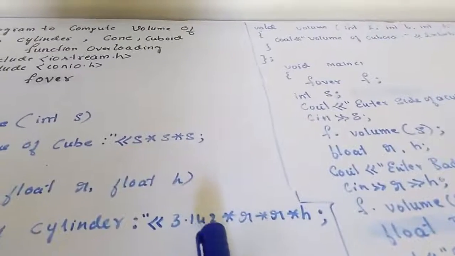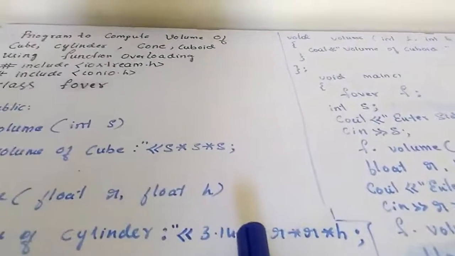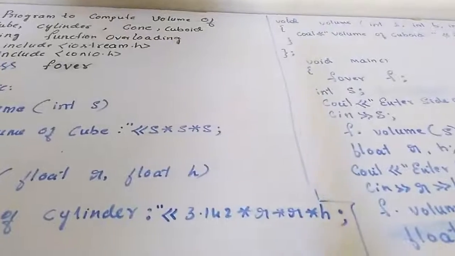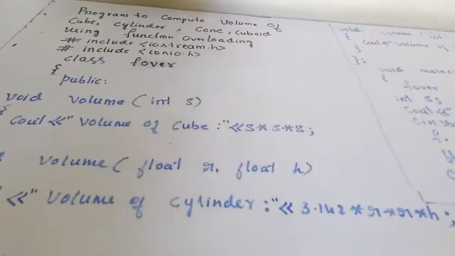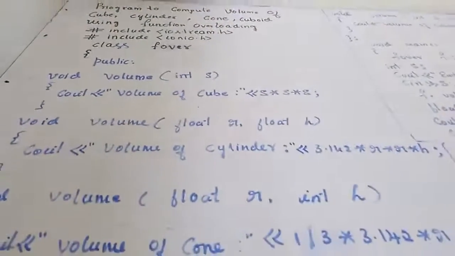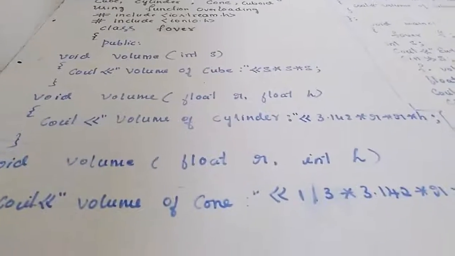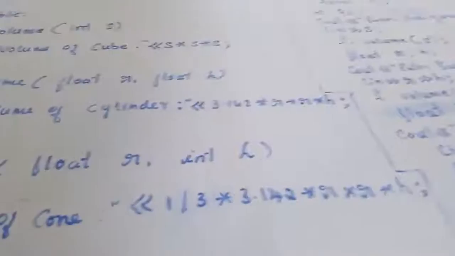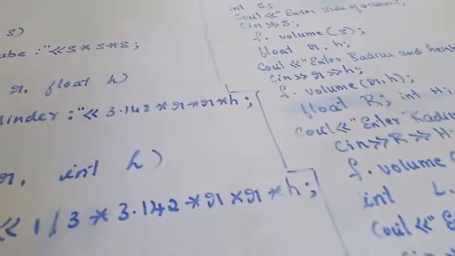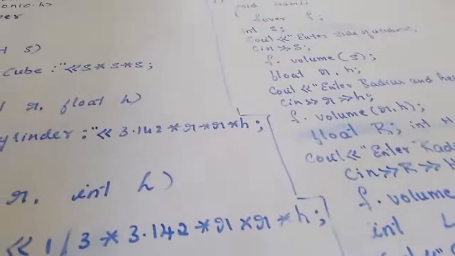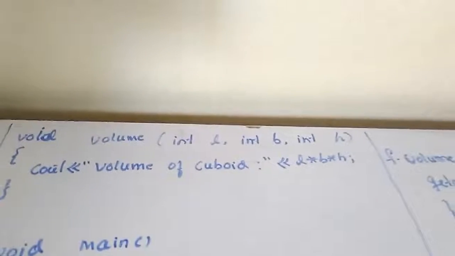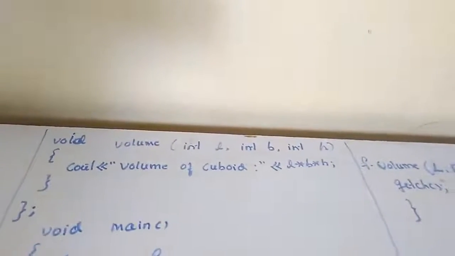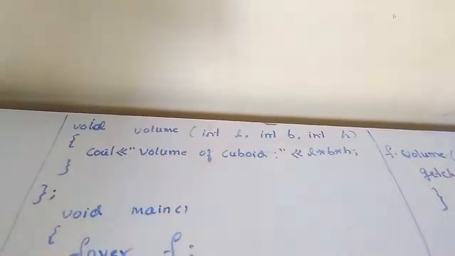The pi value I have directly given as 3.142 into r into r into h. Then volume of cone, it displays the result here, that is 1 by 3 pi r square h. In the next function we are calculating volume of cuboid, that is length into breadth into height.